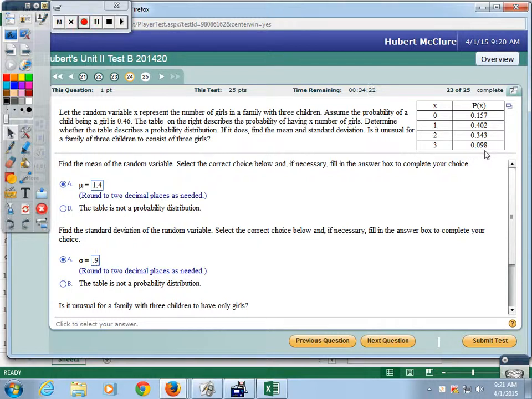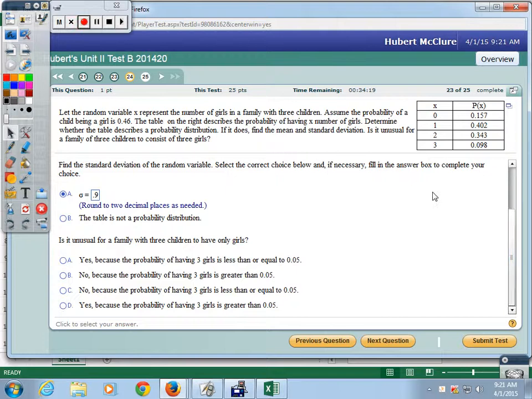So what does that mean? It is not unusual, which means that it's normal. So is it unusual? No. Because it's greater than a nickel. The 3 is 0.098, well, that's a dime, actually, it's 10 cents. And that's greater than 5 cents. So if it's greater than 5 cents, then that means it's normal.